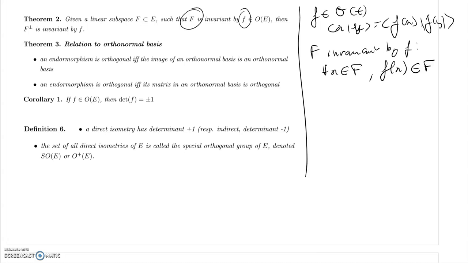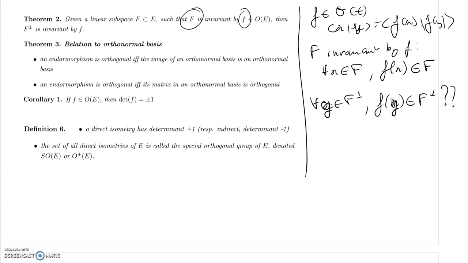Then what we want to show is that F orthogonal is invariant by f. For all x that belong to F orthogonal, do we have that f(x) also belongs to F orthogonal? That's the question we want to answer. Maybe I will change my notations. Let's take some y.